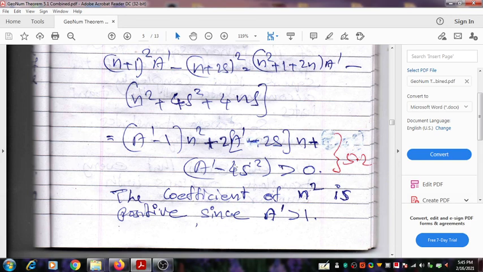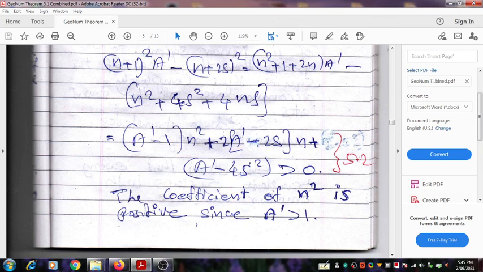How can we argue that? It is not always greater than 0 in all situations, but logically you can argue that it is. For that, let's analyze this expression.